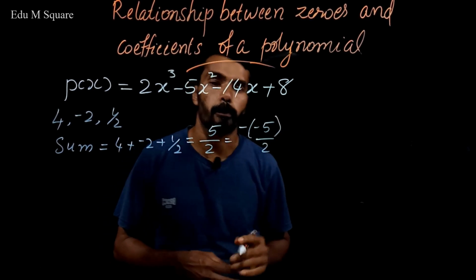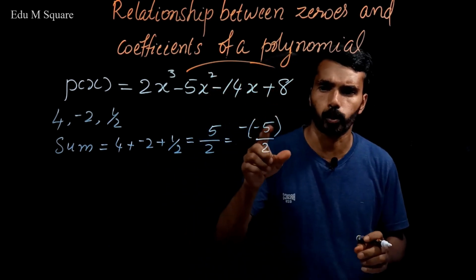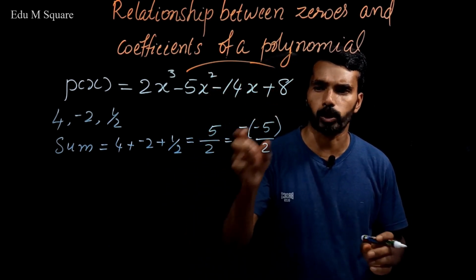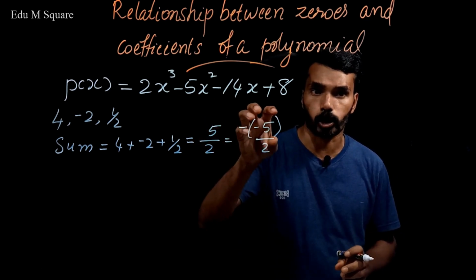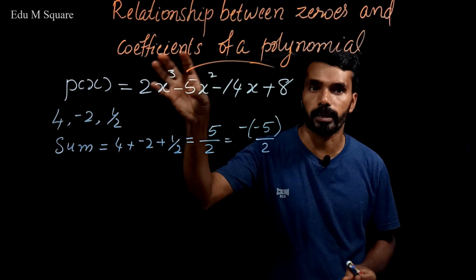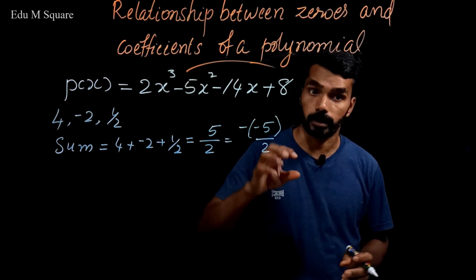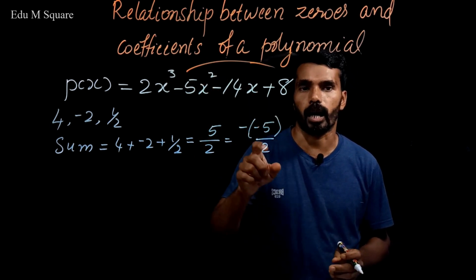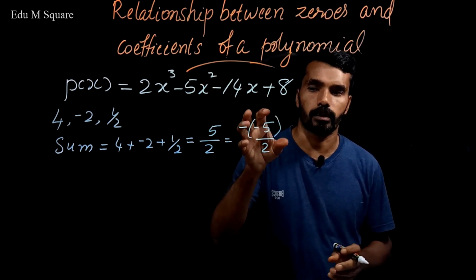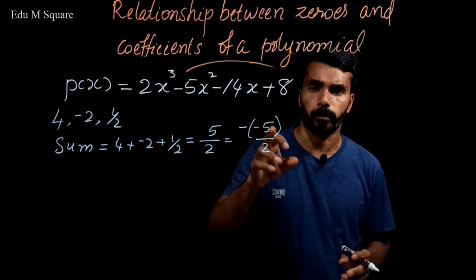Why do we write this 5 by 2 as minus of minus 5 by 2? Because we are going to compare this sum with the coefficients of this cubic polynomial.